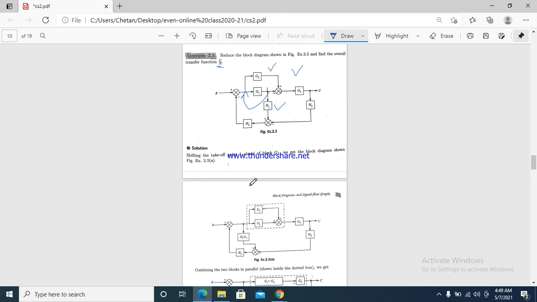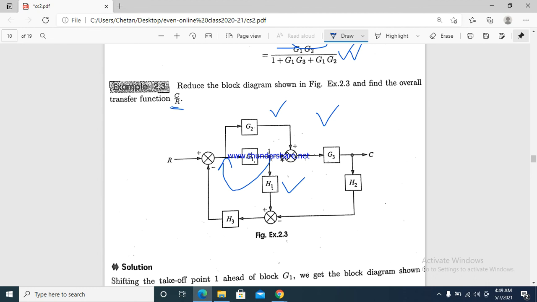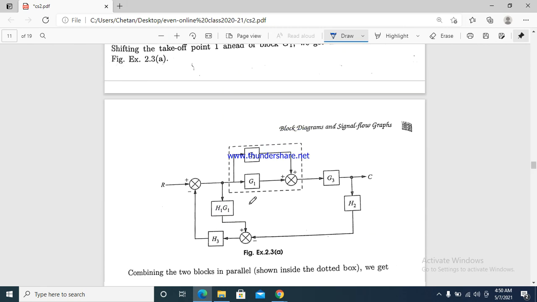Whenever they shift H1 ahead of the block, we have one rule. What is that rule? Whenever you shift this point ahead of the block, then this value H1 should be multiplied by G1. Here you can observe, whenever it is shifted ahead of the block, then H1 should be multiplied by this value G1.